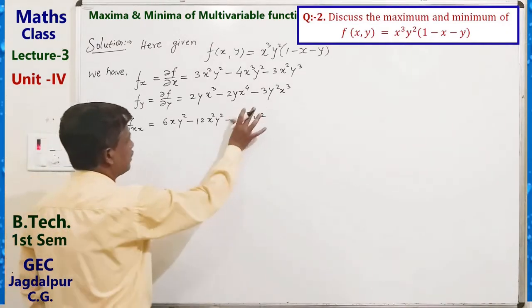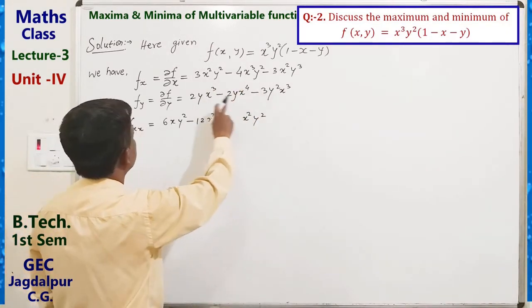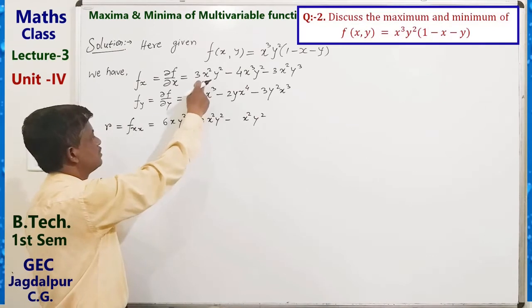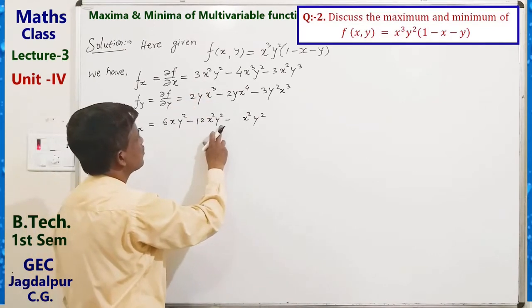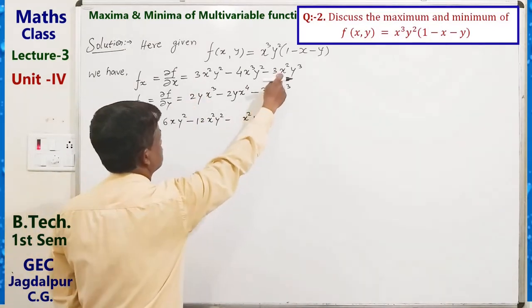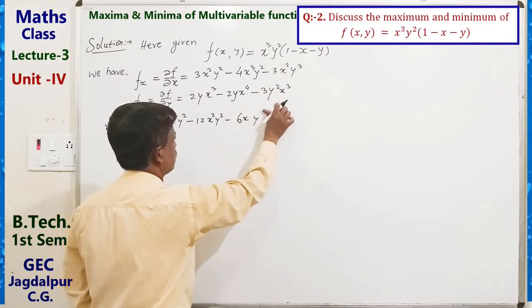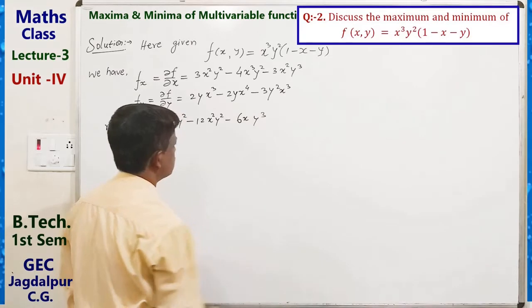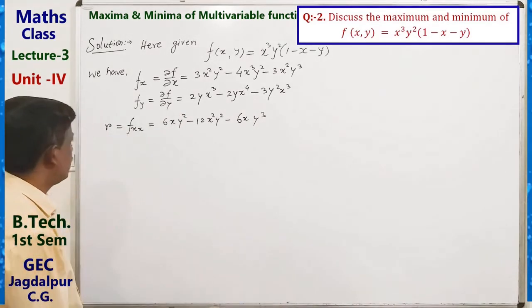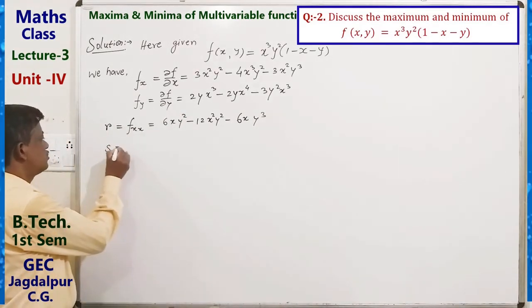Here we differentiate with respect to x, 6xy square minus 12x square y square minus 9x square y square, so r equals 6xy square minus 12x square y square minus 6xy. Similarly, s equals what?